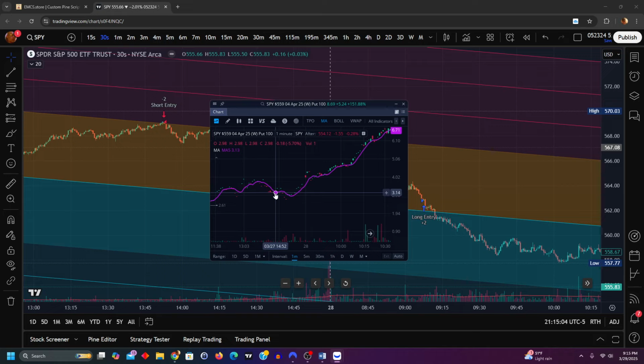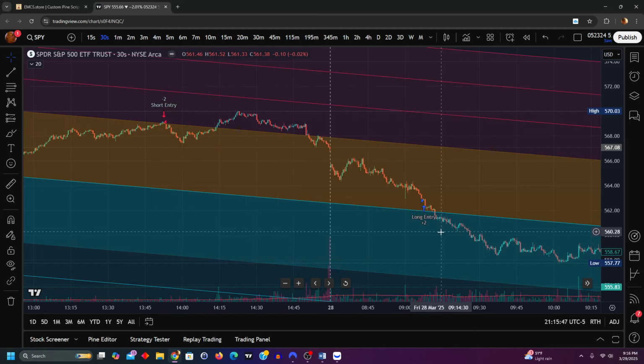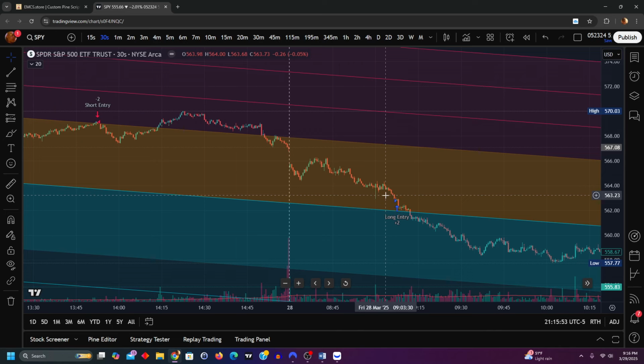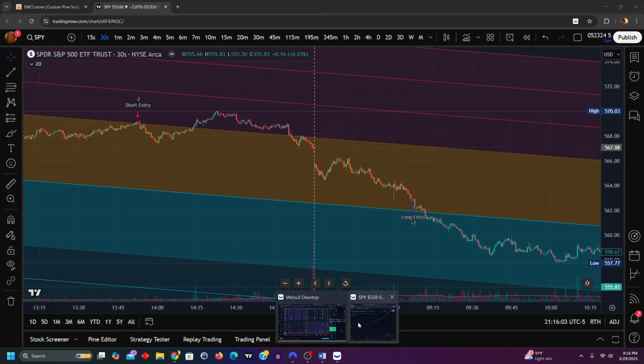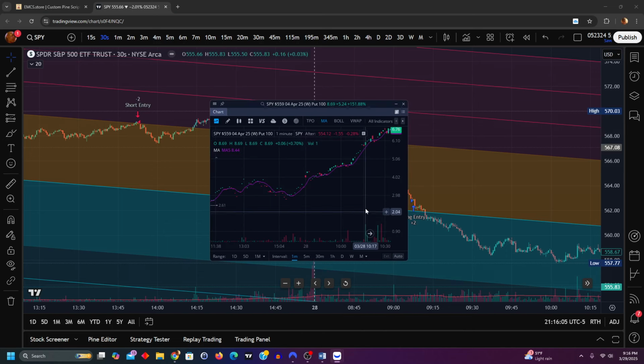So this option contract was going for 314. When this exited the trade, this was next morning at 9:07 Central, which would be 10:07 on Webull time. So let's look at that.